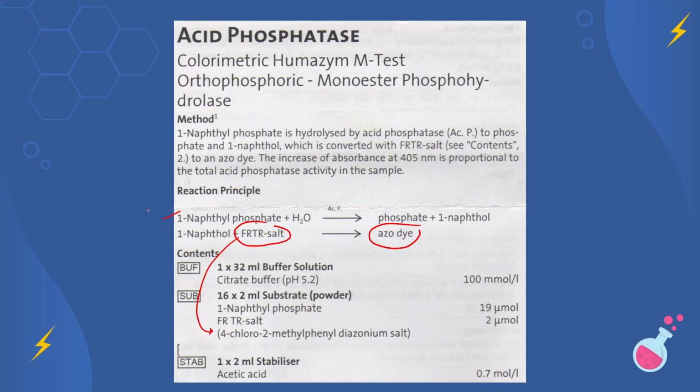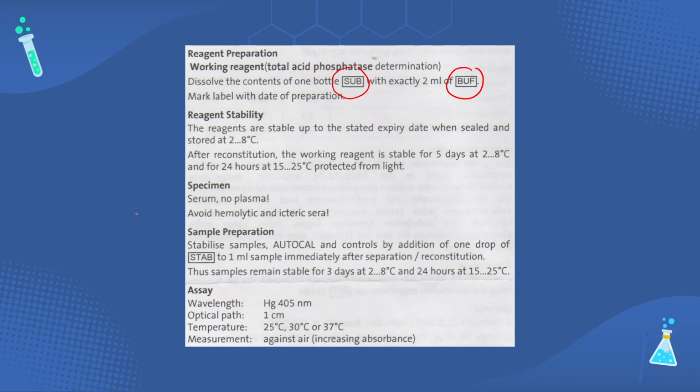So yan po, buff and then your sub, yan yung name ng reagent bottles natin, unlike your Agape na what is indicated is R1 and R2. For the reagent stability, your reagents are stable up to the expiry date as long as it is stored at 2 to 8 degrees Celsius.